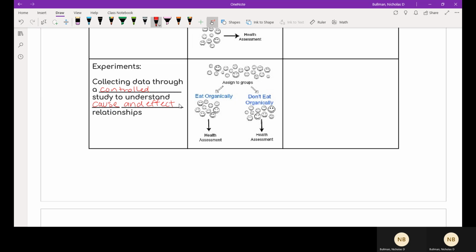So an example could be, you can think of many examples for experiments, but I'm going to say giving half of students gum to see the effects on test taking skills.